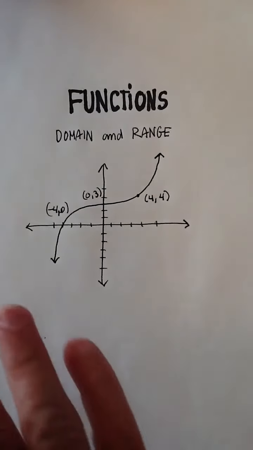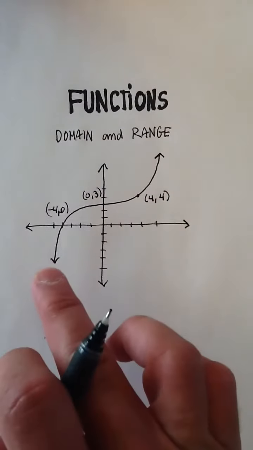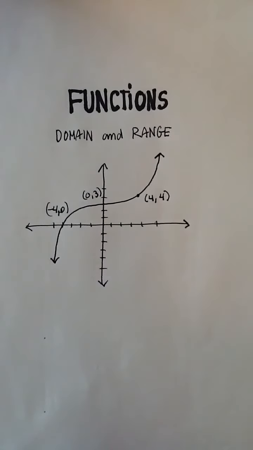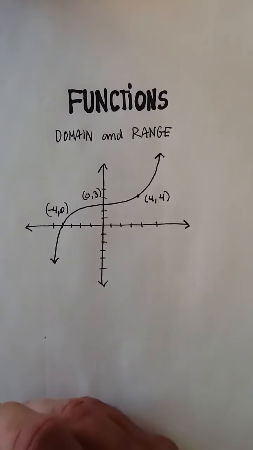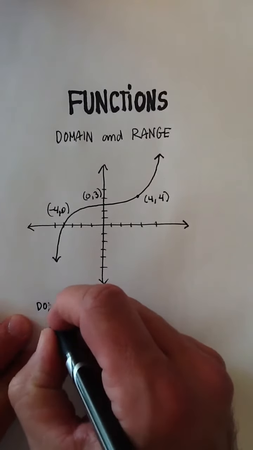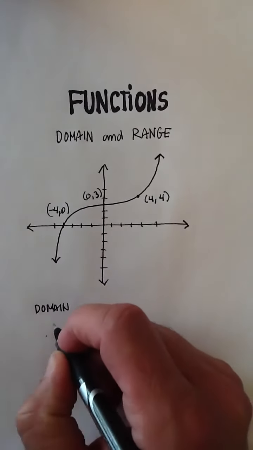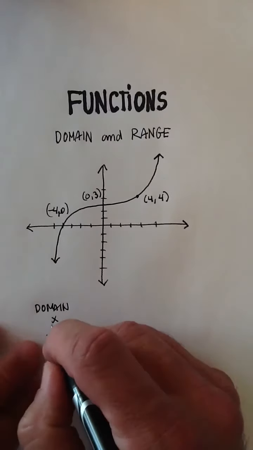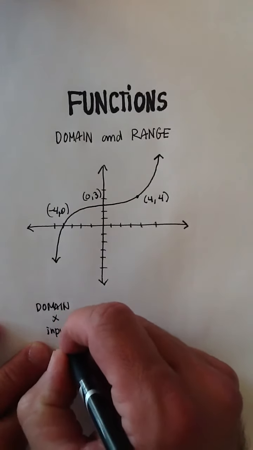Okay, so I've just got 3 arbitrary points that I picked on this particular graph. Now, what's the domain? The domain, if you remember, are all the x values. Remember all the synonyms that we used in the last video? We said that the domain are all the x's, or all the inputs.